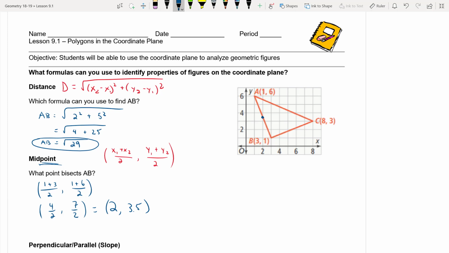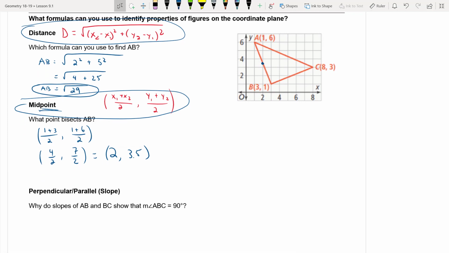So we've got distance as one tool, we've got midpoint as another tool, and then the final thing that we can use. Distance can be used to figure out whether or not figures are congruent or side lengths are the same thing. Midpoint we can use to find the middle of something, and then our last tool is if I want to know whether figures or lines are perpendicular to each other or whether they're parallel to each other, I can use slope.